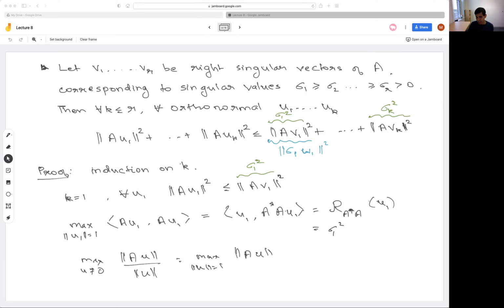So this quantity is actually equal to sigma 1, and the square of it is sigma 1 squared. Again, these are not two really different proofs, but slight variations on the same argument. You can also explicitly compute it by writing this U1 in terms of the orthonormal completion of the basis of the right singular vectors. So there are many ways in which you can derive this.